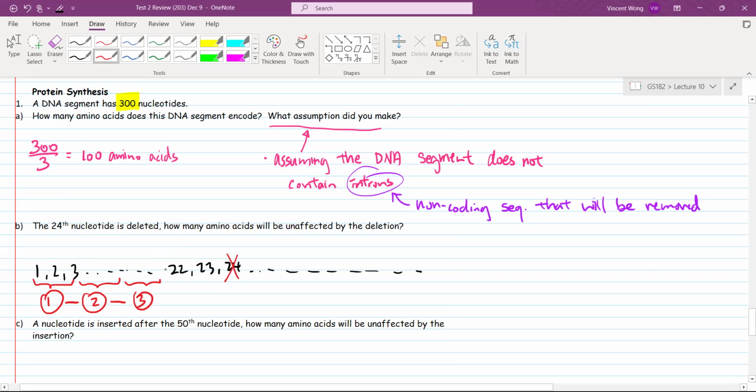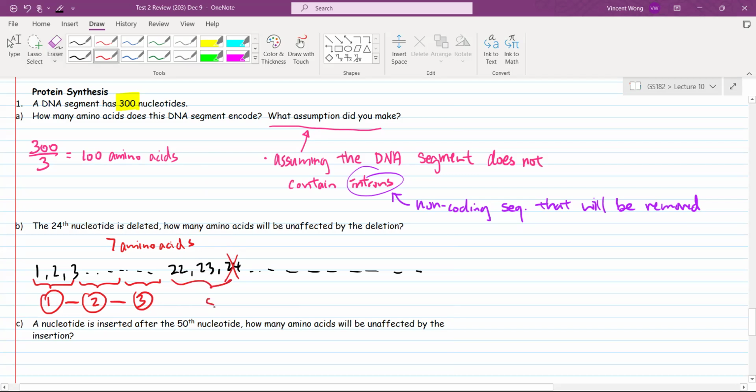Let's see, up to the 21st nucleotide, there will be 7 amino acids, right? And then the 22, 23, 24 nucleotides would have been the 8th amino acid. But number 24 is deleted, so number 8 is going to be wrong as well.